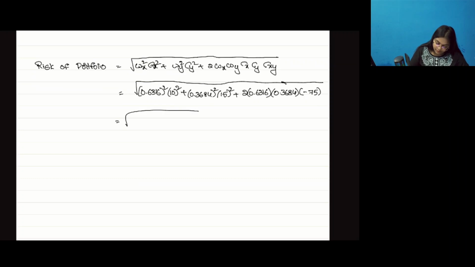So square root of 39.89 plus 30.54 plus 2 into 0.6316 into 0.3684 into 75, minus, minus 34.9, equals square root of 39.89 plus 30.54 minus 34.9, square root of 35.53, equals 5.960.